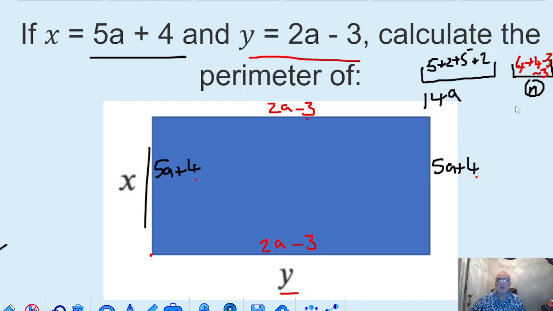So 4 add 4 gives me 8. Take away 3 gives me 5. Take away 3 gives me 2. So I've got plus 2. So my answer, 14a plus 2.